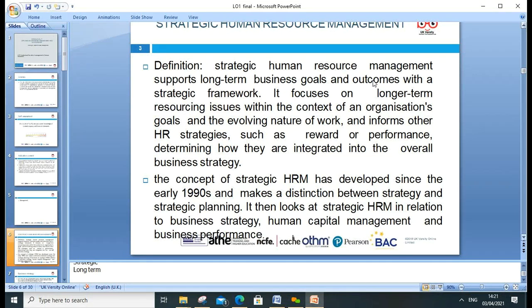The concept of human resource management developed since the early 90s, making a distinction between strategy and strategic, long-term planning. There is a link between the business and human resource.